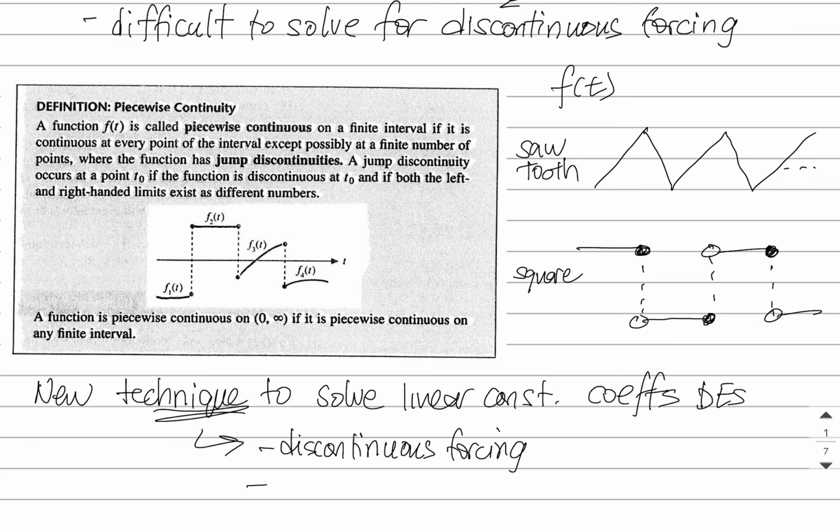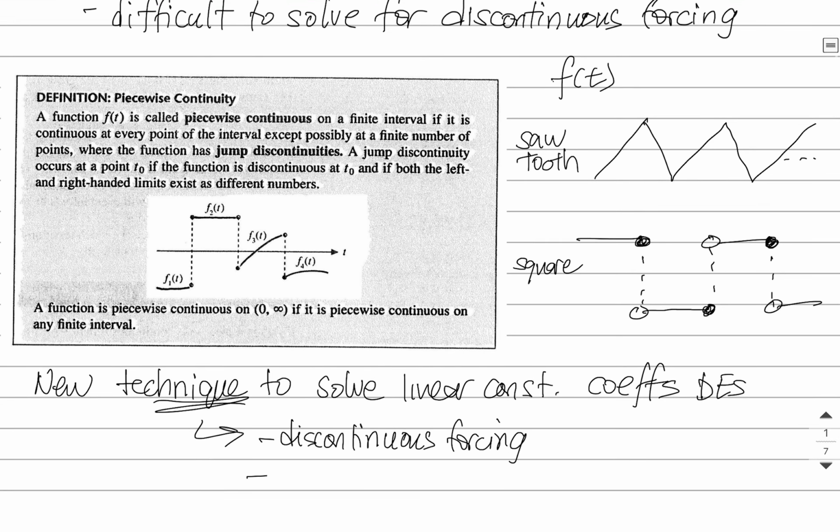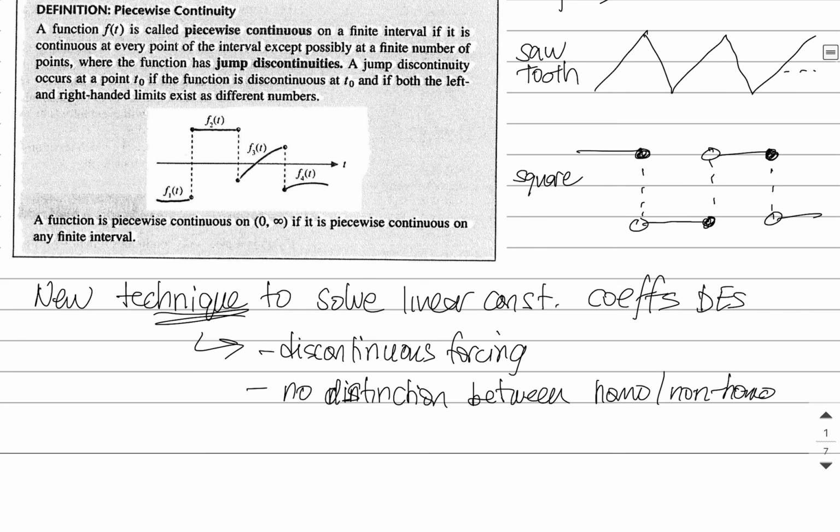Unlike what we were doing before, where we had to separate and find a homogeneous solution separately from a particular solution, this new method is really going to have no distinction between homogeneous and non-homogeneous problems. It won't care if there's something on the right-hand side or not.